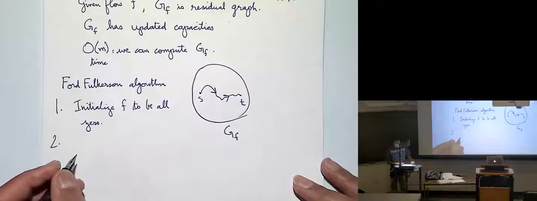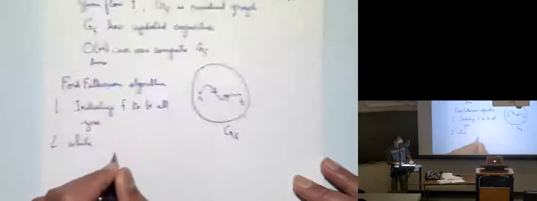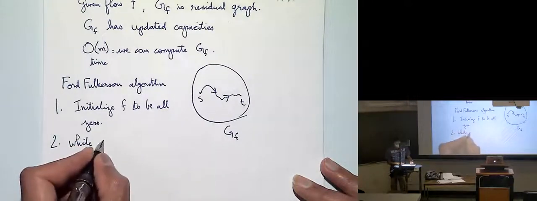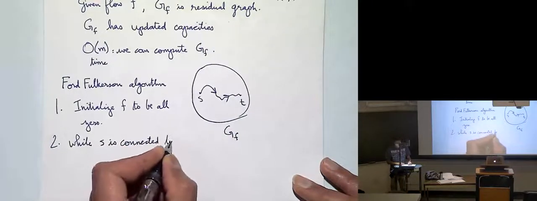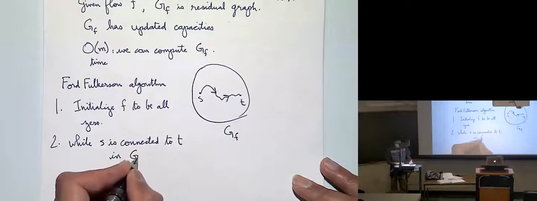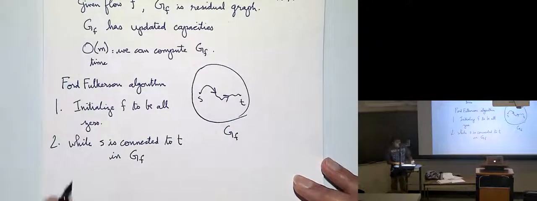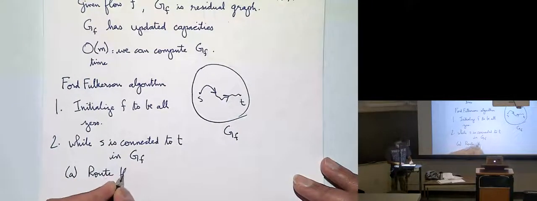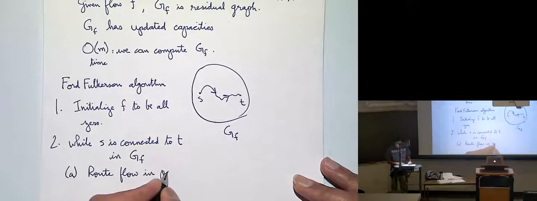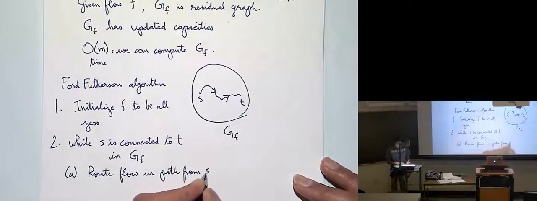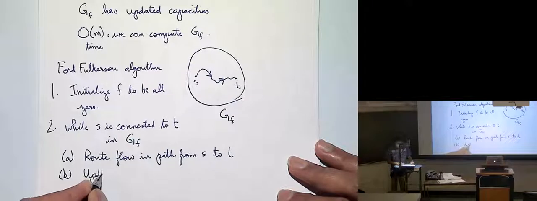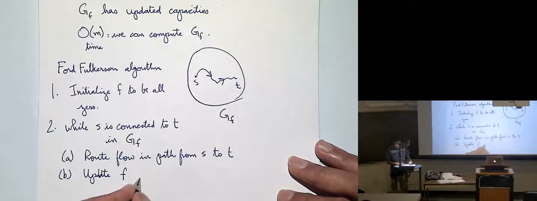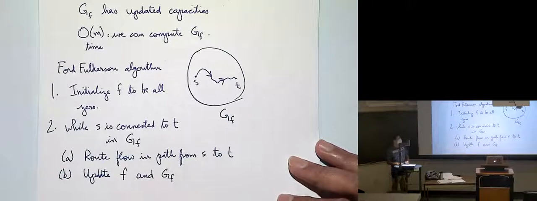Then it says, while S is connected to T in G of F, route flow in a path from S to T, update F and G of F. That's the algorithm.